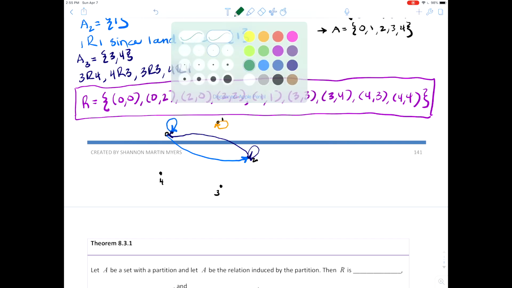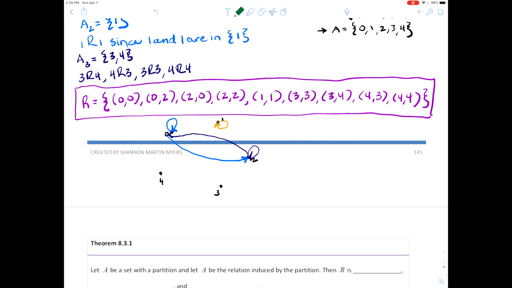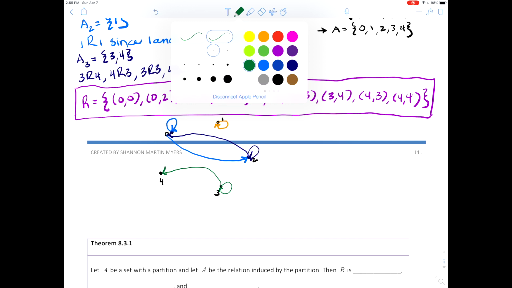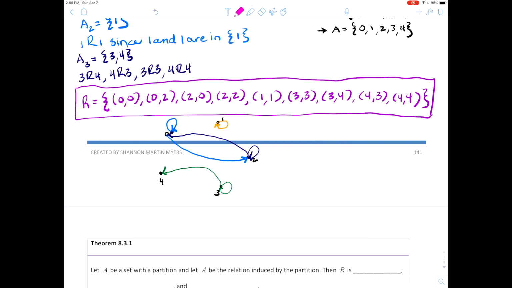We have 3R3, and then we have 3R4. And then when we go to the 4s, what are we going to have? We're going to have 4R3, and we're going to have 4R4.